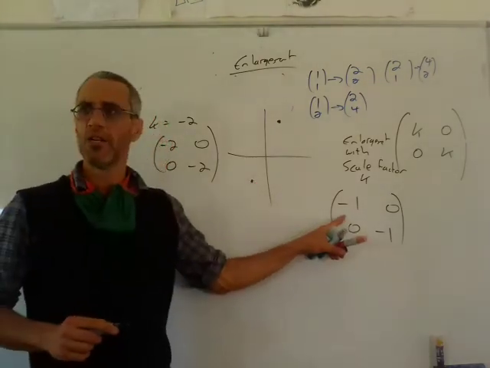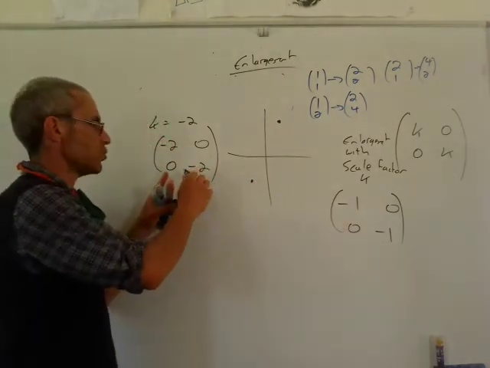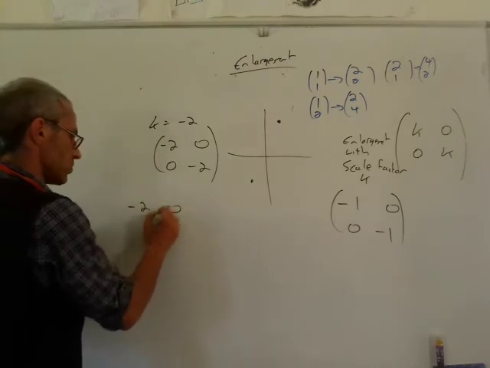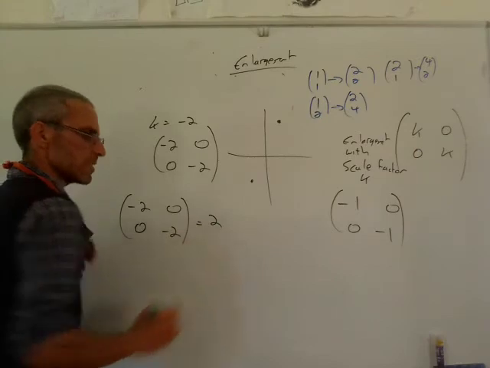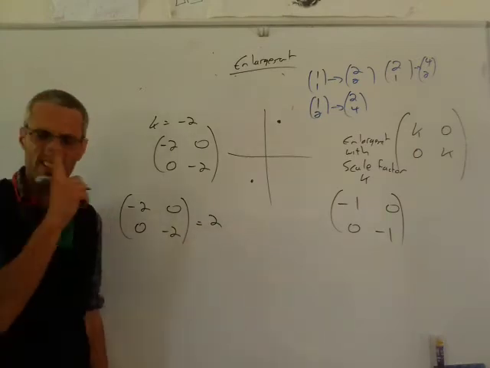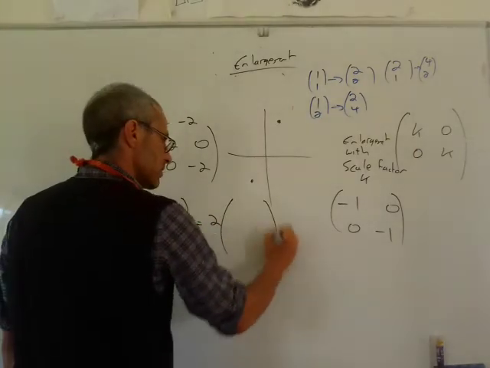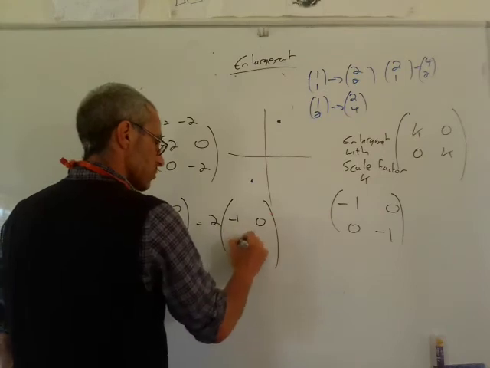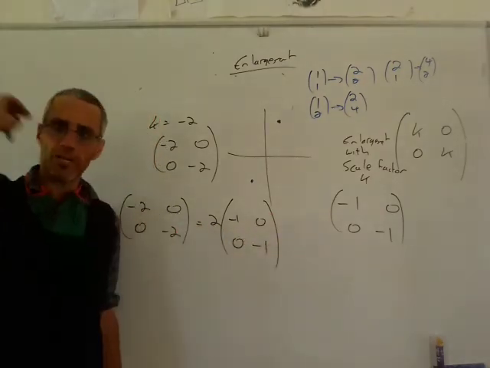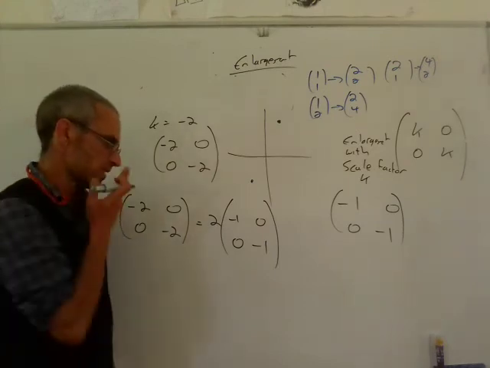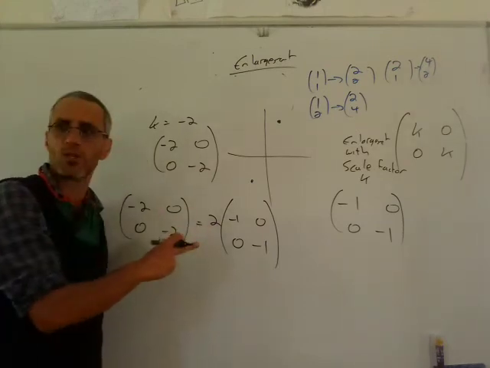So this thing is actually made out of two things. What is minus 2, 0, 0, minus 2? It's basically the scalar 2 times minus 1, 0, 0, minus 1. Remember in the first lesson about matrices, I told you that we can multiply a matrix by a scalar.